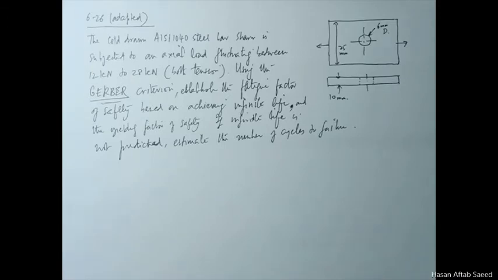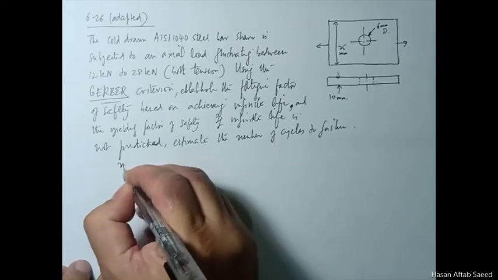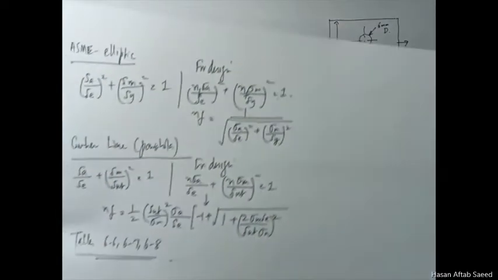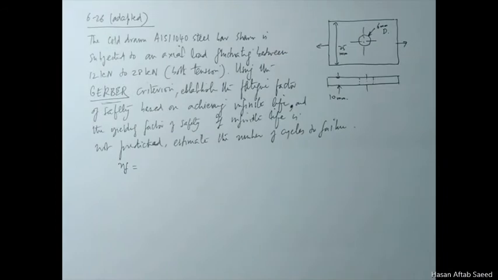So I won't go through this whole process again because we have all the values already with us from our previous problem, and I'm just going to calculate the factor of safety directly. The factor of safety will be calculated using this expression that we have just seen, because for the Gerber criterion this is the expression we need to use, and we have all the values required.